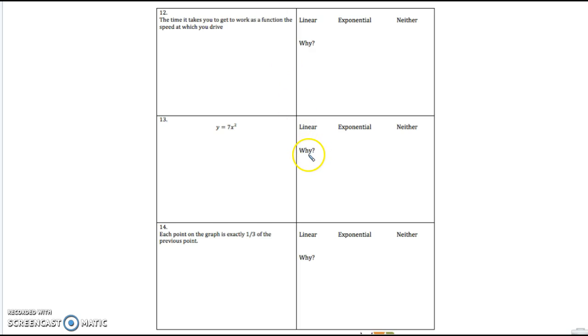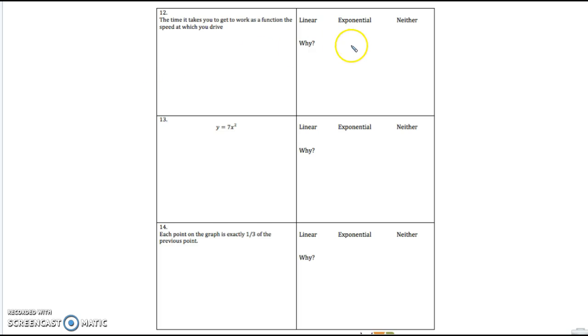12, time it takes you to get to work as the function of the speed at which you drive. Well, I don't know about you, but when I am driving, you go fast, and especially to work. You pick up some speed, and then you slow down, and then you stop, and you wait, and you get fast, and you stop. It could be linear at times, but normally we don't.